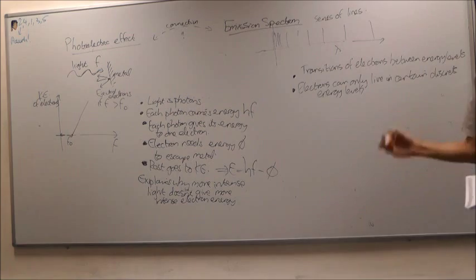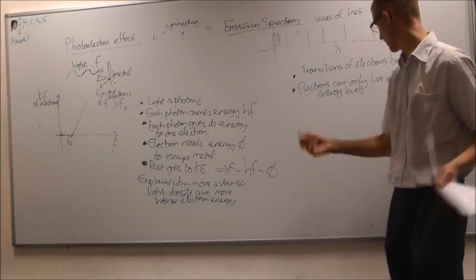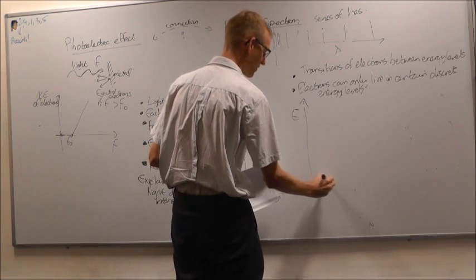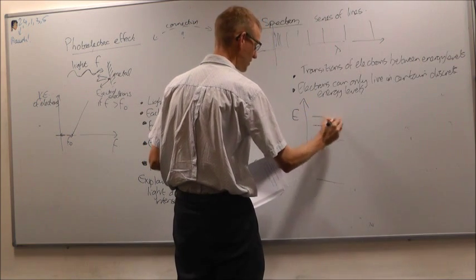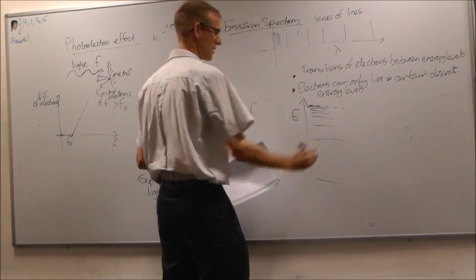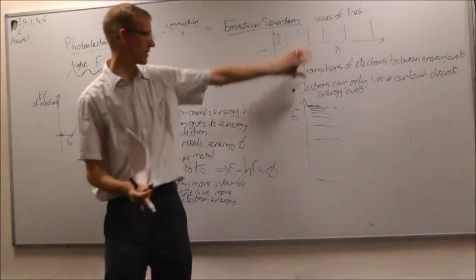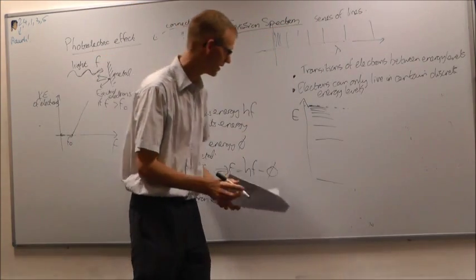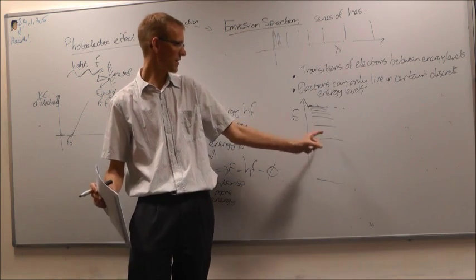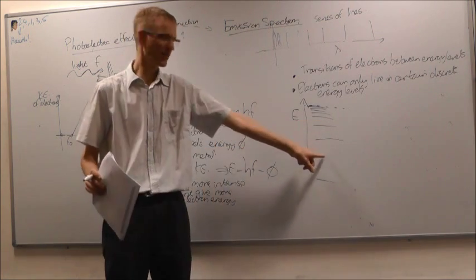You can't have an electron in an atom with any old energy. So we might want to draw the diagram of our energy levels, which goes something like that, and these get closer and closer together, up to the point where they can escape the atom. So an electron can be in that energy level, that one. It can't sit there.